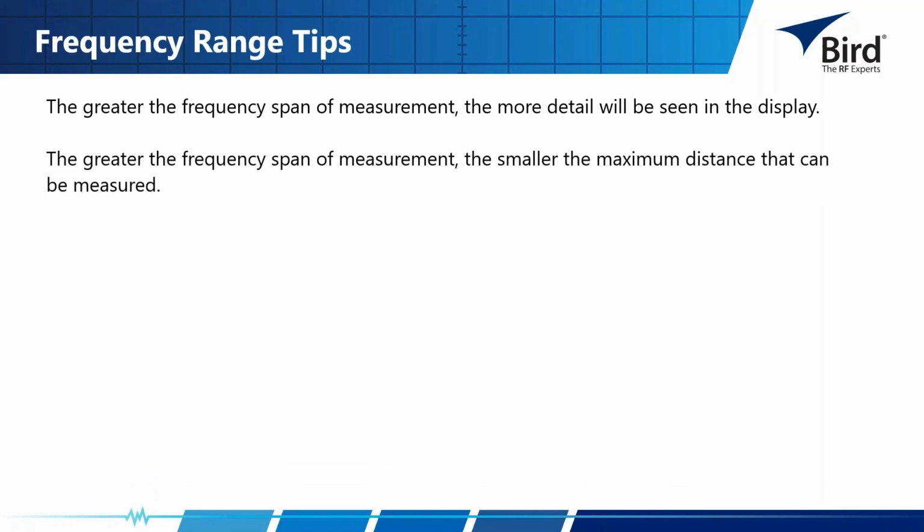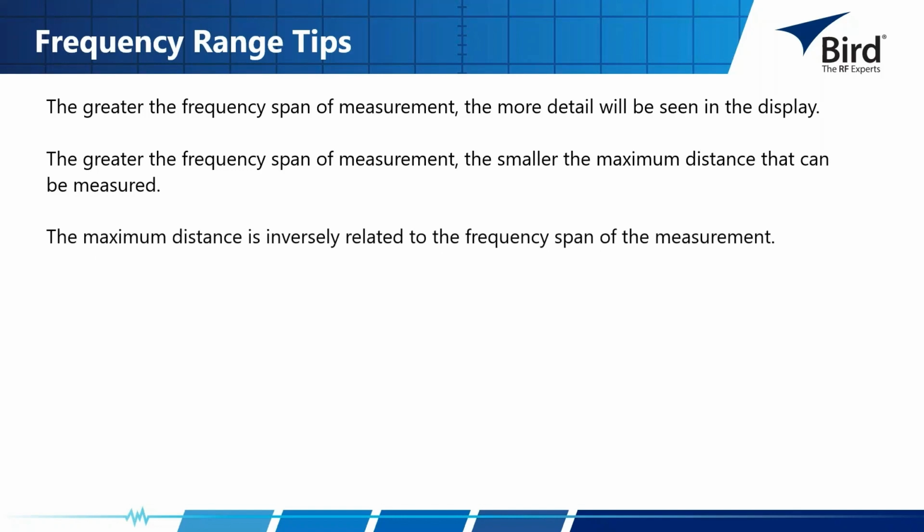The greater the frequency span of measurement, the smaller the maximum distance that can be measured. The maximum distance is inversely related to the frequency span of the measurement.